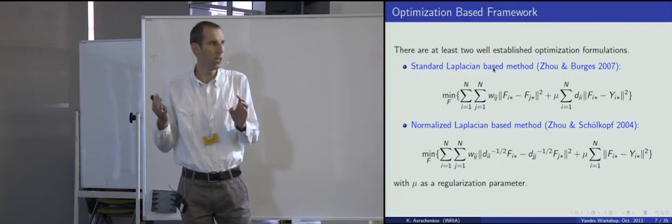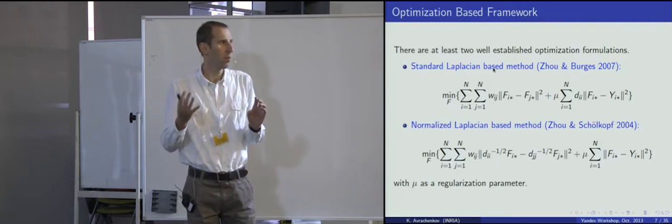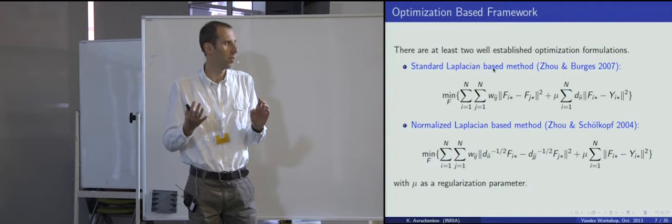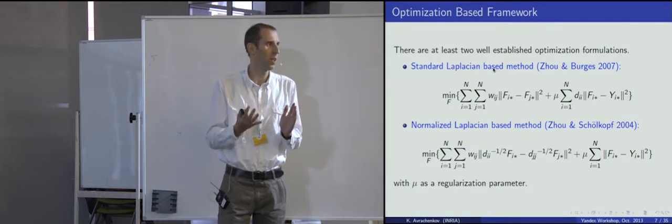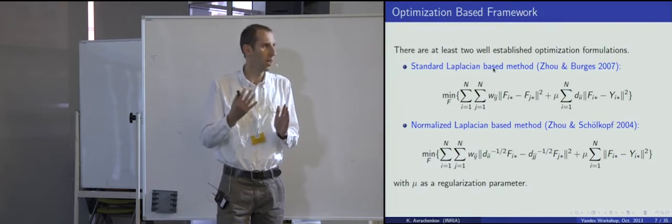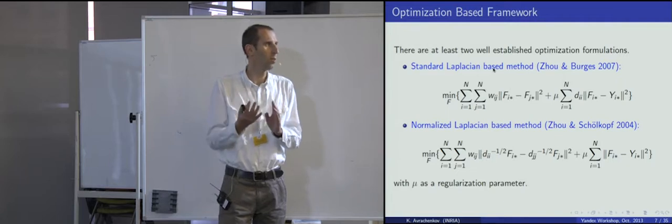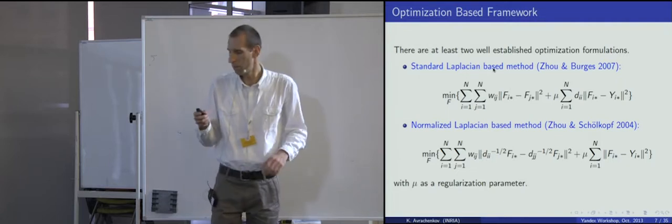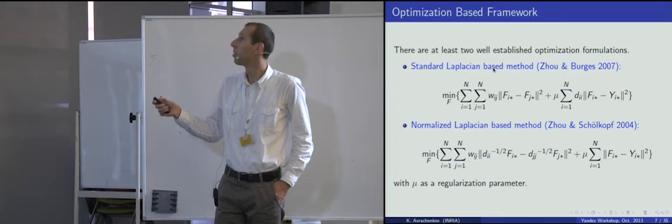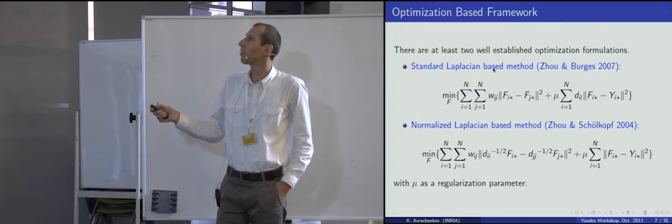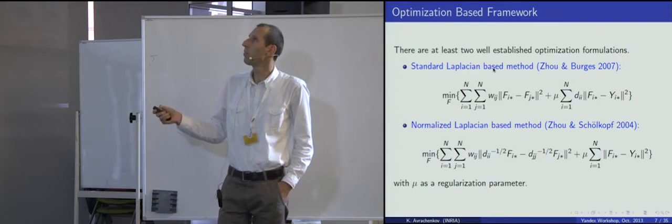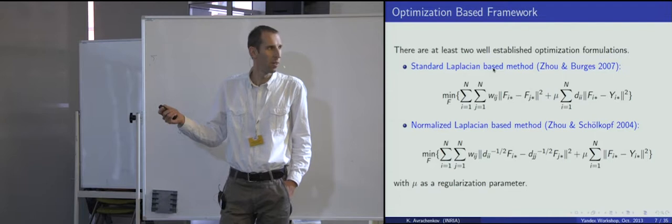Actually, this optimization expresses a compromise, a trade-off between the smoothness of the classification function on the graph and its closeness to the labeling function. If i and j are not neighbors, this term is just 0 and we don't care.